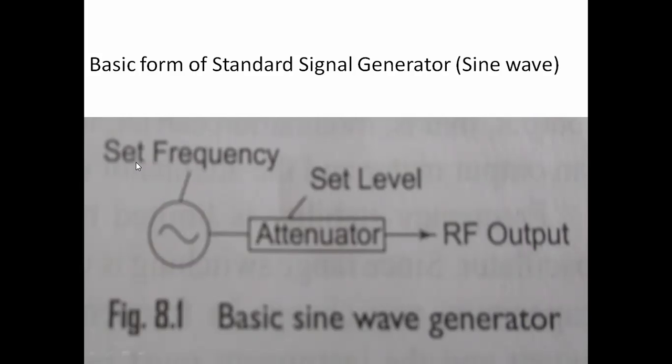By setting the frequency, suppose I want to produce 10 megahertz or a 100 kilohertz frequency signal. For that we have to set the frequency, and that setting arrangement is available at the front panel of the generator.